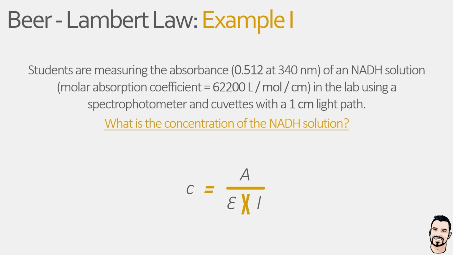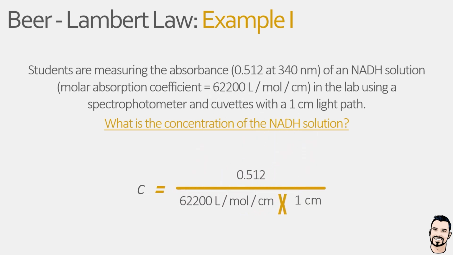We then need to transfer all of our information from the example into our equation, giving us C equals 0.512 divided by 62,200 litres per mole per centimetre multiplied by 1 centimetre.